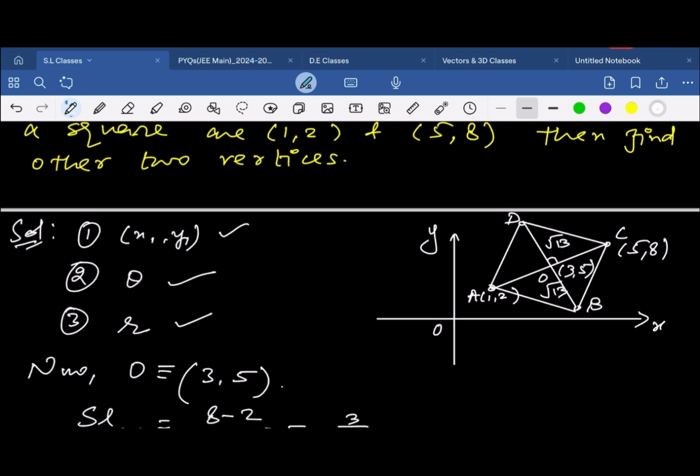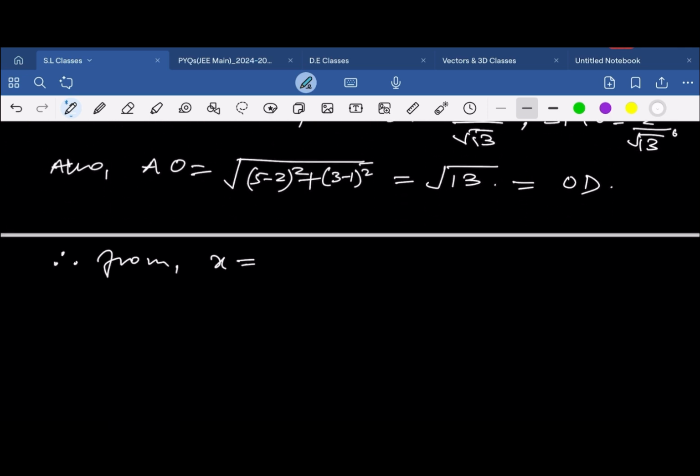So I will use x is equal to plus minus r cos theta plus x1 and y is equal to plus minus r sin theta plus y1.